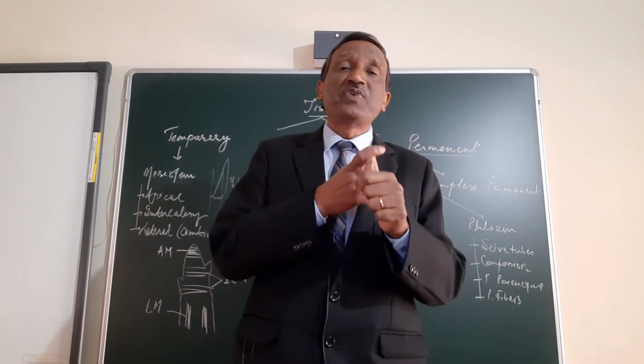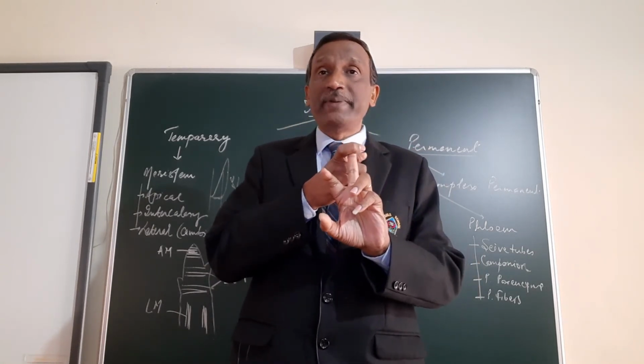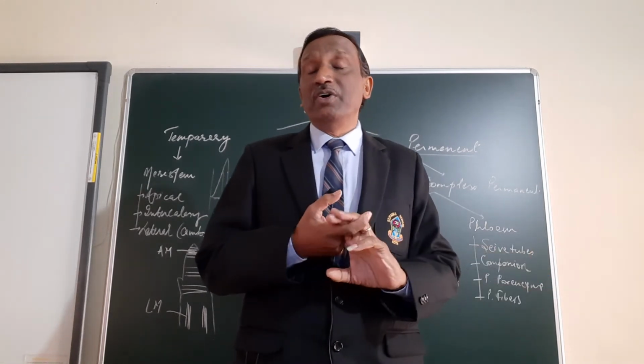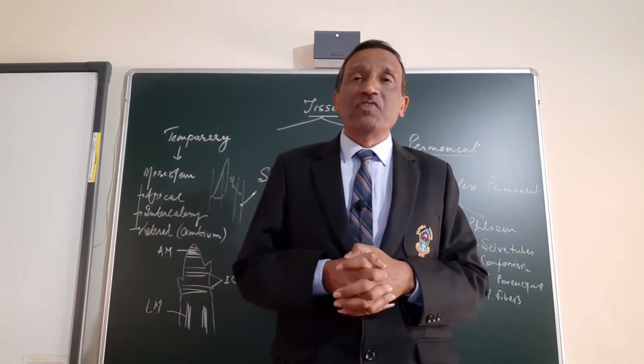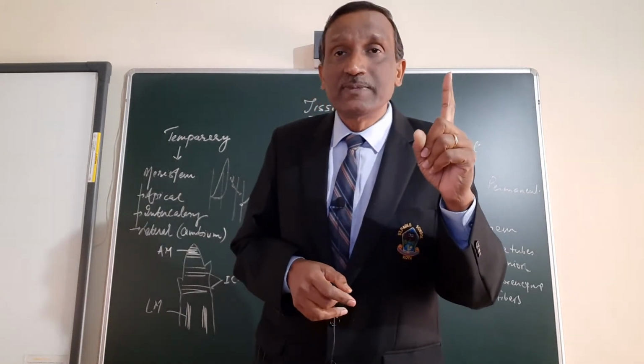Parenchyma is found in the cortex, in the intercalary tissue, in the pith, in the xylem, and in the phloem. So parenchyma is everywhere.